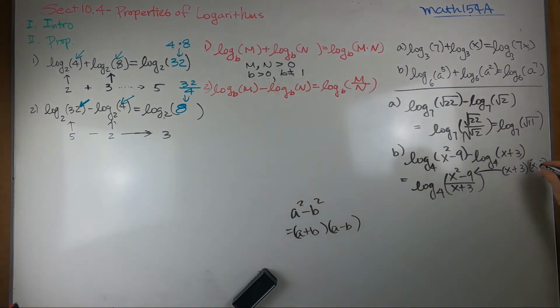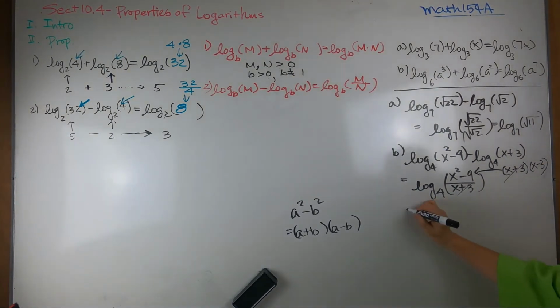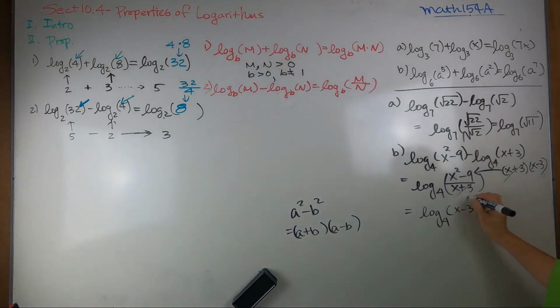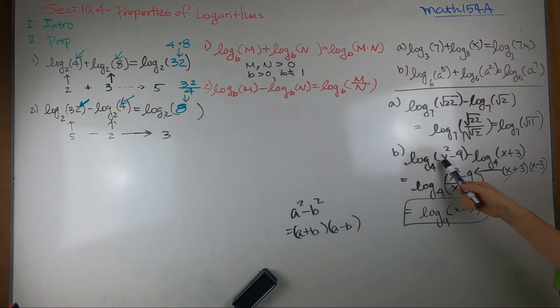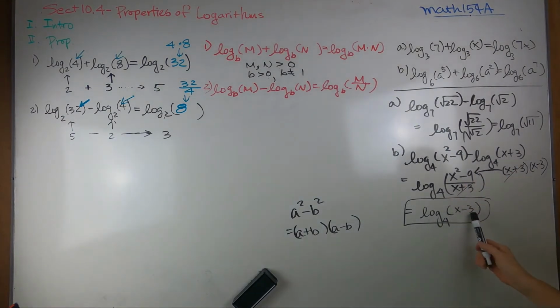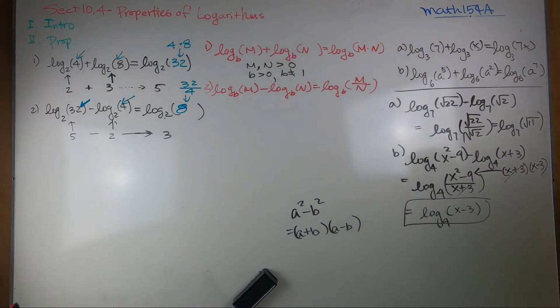Then you cancel out the plus 3. What should you have left? That would be log base 4 of x minus 3. So when you subtract the logs and simplify, you have such answers, right?